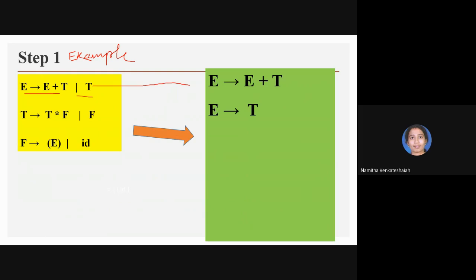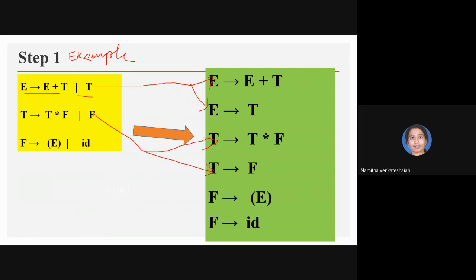The first production is rewritten into two productions. Similarly, T produces T star F is one production, and T produces F is another. Here also, F produces open brace E closed brace, and F produces ID. So initially we had three productions, and now it became six productions, written separately.